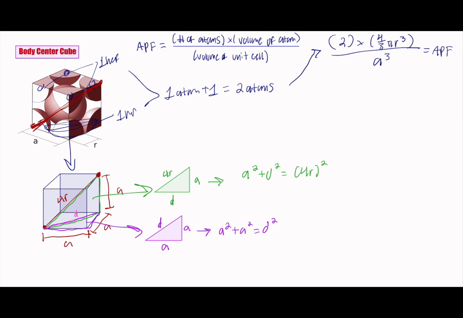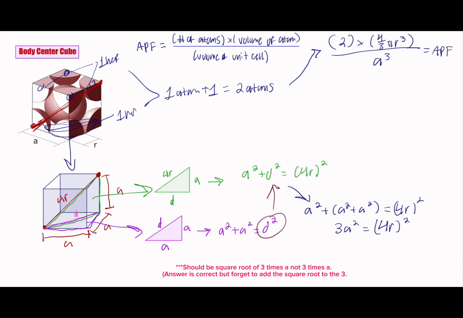But we can use D squared and substitute that into this equation, and we get A squared plus A squared plus A squared is equal to 4R squared, and we get this 3A squared is equal to 4R squared. And if we take the square root of it, we get square root of 3 A is equal to 4R. And we simplify that, and we get R is equal to square root of 3 over 4 A.